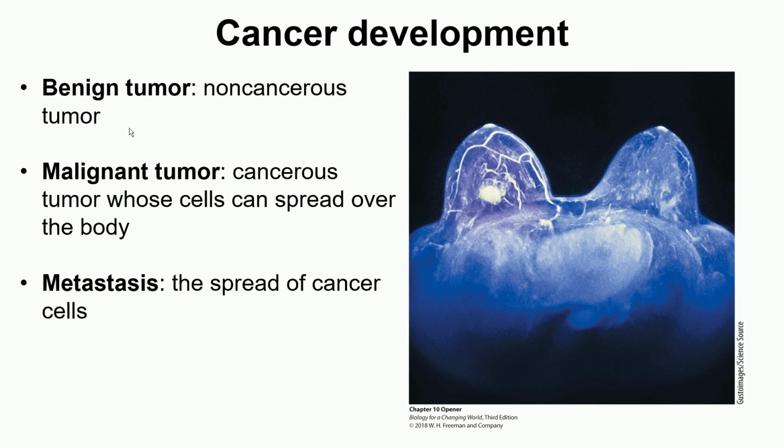In that situation we call it a benign tumor. But when the cancer spreads out and goes to distant organs, then we call the tumor malignant. And metastasis is the process by which the cancer cells spread.